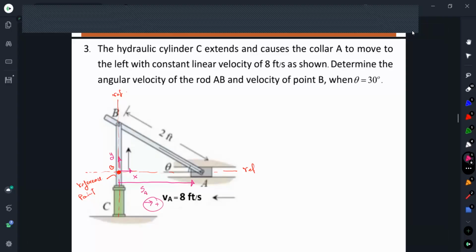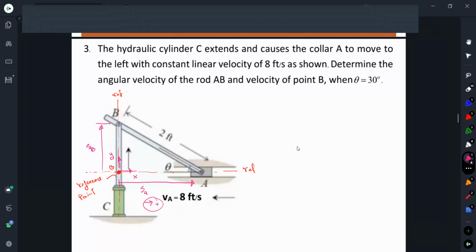And the same for B, we also have SB, and upward is positive.